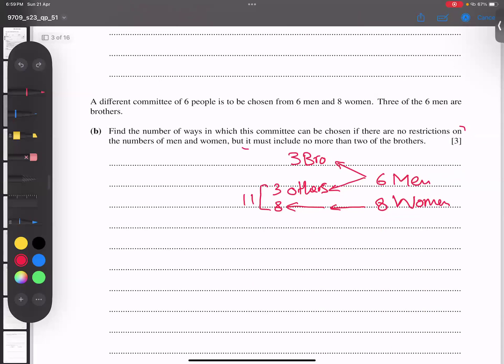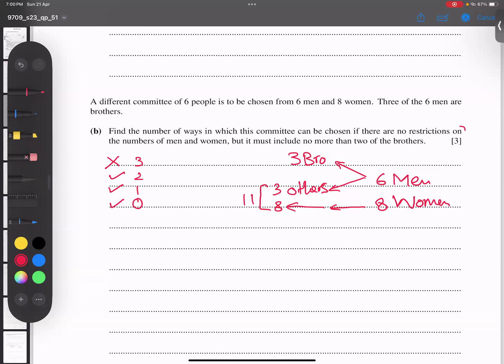Second, it must include no more than 2 of the brothers. Repeat, must include no more than 2 brothers. So no more than 2 brothers means more than 2 is not required, but 2 I need, 1 I need, 0 I need.